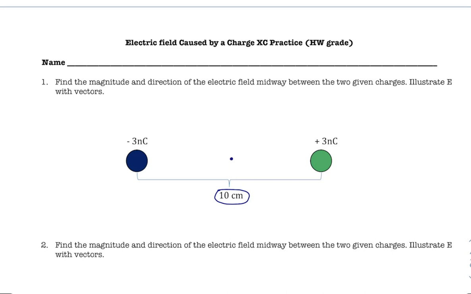Remember, the direction of the electric field is the direction of a force on a positive charge. So you imagine a tiny positive charge at this point in space. What will the negative charge do to it? It will attract it. So I will say this would be my E from the -3.